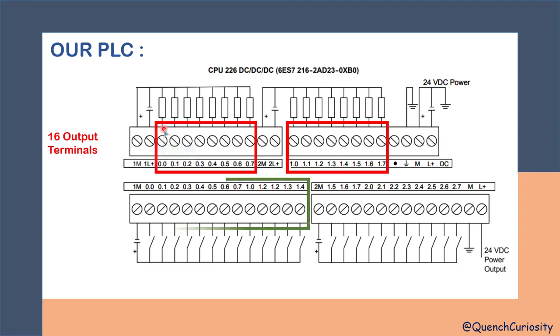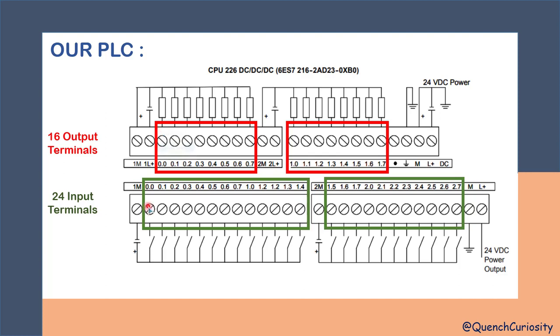You can see the number of input terminals I have. That concludes that I can use 16 outputs and 24 inputs. However, this model is expandable. If I want to expand the number of inputs and outputs, there is a process that we will see and discuss in future classes.